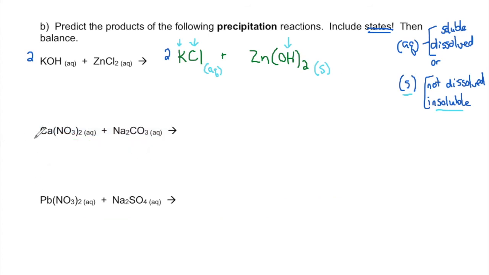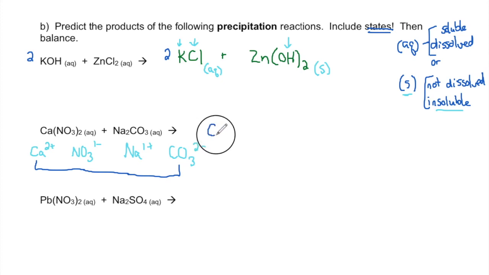Okay, got a couple more examples to try to do. First, we'll separate the partners. All right, they have been separated. Calcium is already with nitrate, so that would not be a swap. It can't be with sodium because they're both positive, so it will be with carbonate.